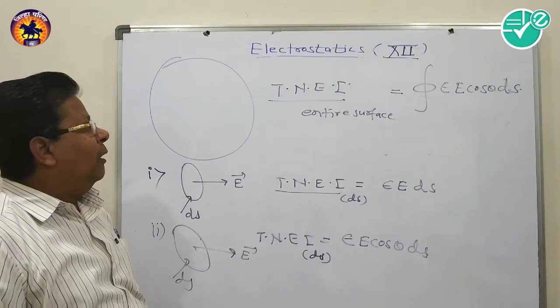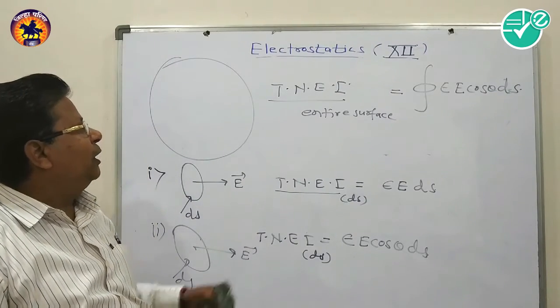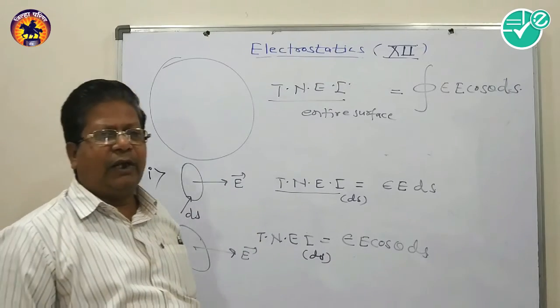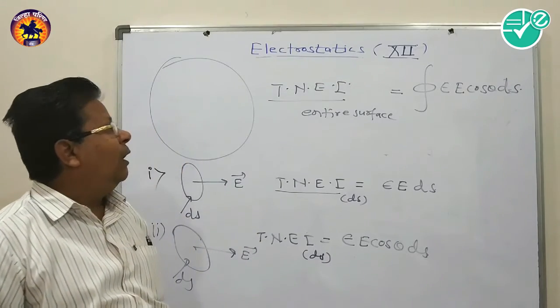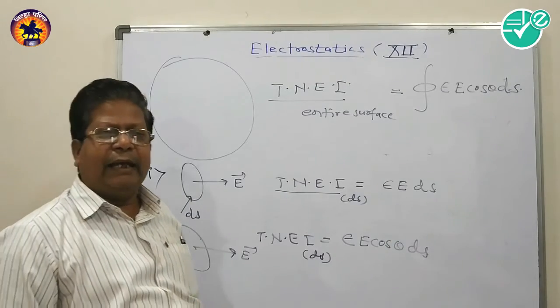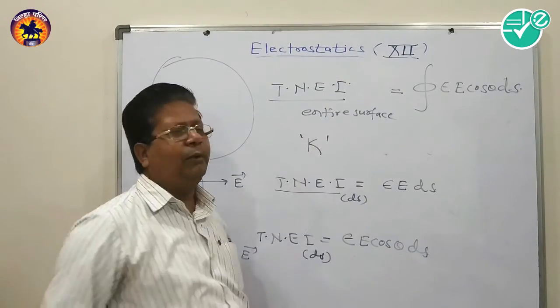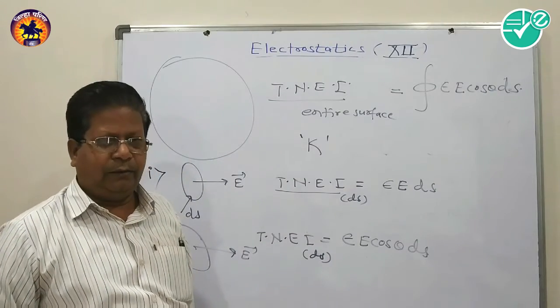From this formula we find the unit of total normal electric induction is Coulomb, and this total normal electric induction is again independent of the dielectric constant of the medium, that is K.